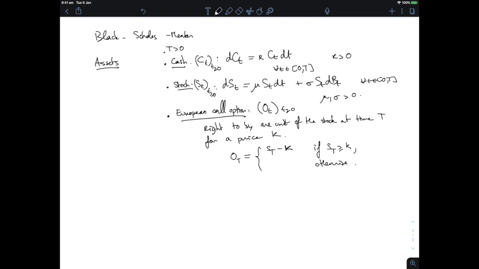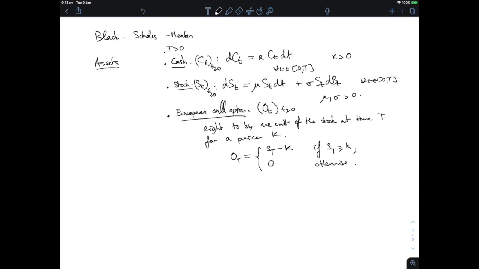On the other hand, if S_T is below K, that is, the market price is cheaper than the price K that you would have to pay if you use your option, then using your option would be silly, and because it's a right and not an obligation, you're just not going to do it. So you're not going to lose any money by having the option, but you're not going to make any money because your option is not worth using. It would just allow you to buy the stock for a price that is above market price.